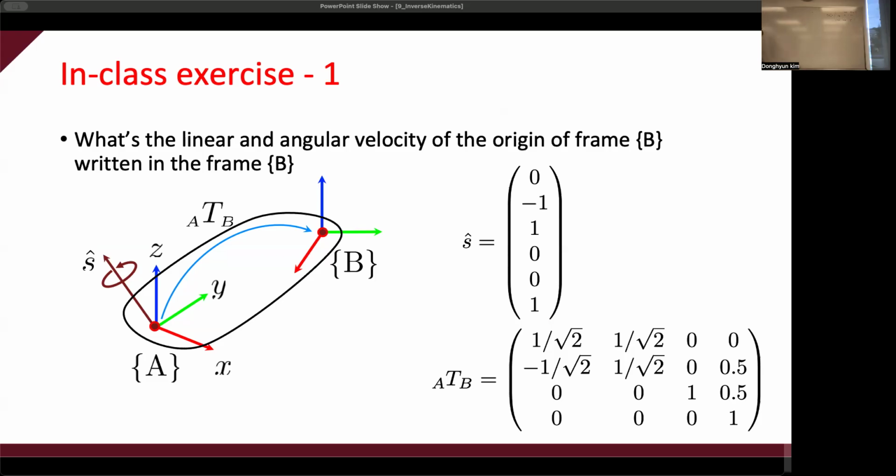So what we need to do is just describe the same angular velocity in the frame B. And currently we have R_A to be 1 over square root 2, minus 1 over square root 2, square root 2, 0, 0, 1, 0, 0.